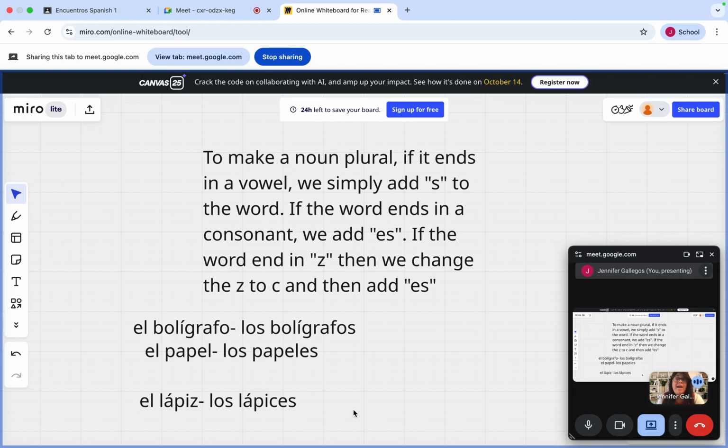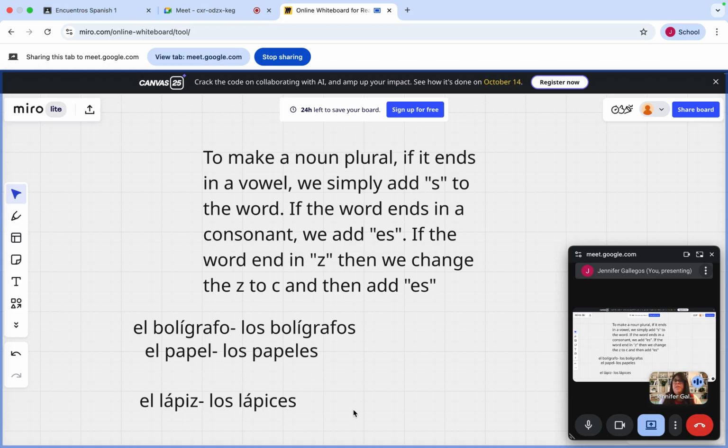Okay, and that basically sums up how to make a noun plural in Spanish. Remember, so much of what we do in Spanish depends on if the word is singular or plural, or if the word is masculine and feminine. So while the concept is very easy to understand, it's very hard as a non-native speaker when speaking to remember all those things while you're talking.